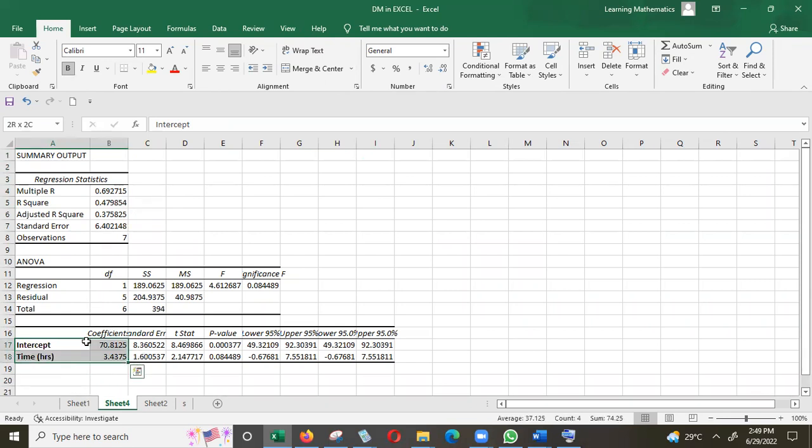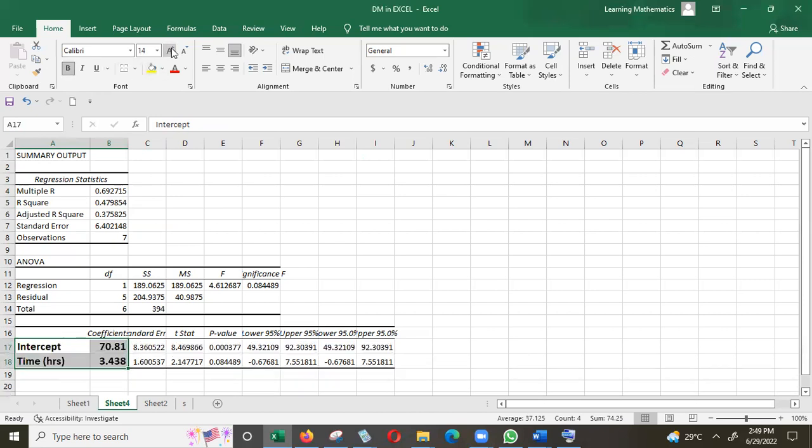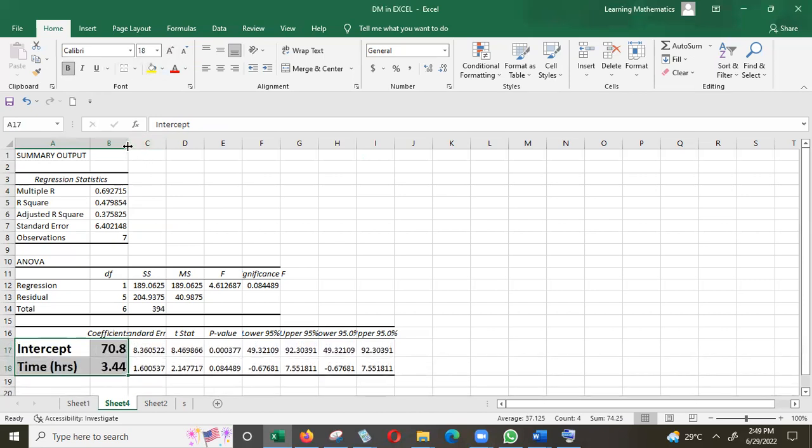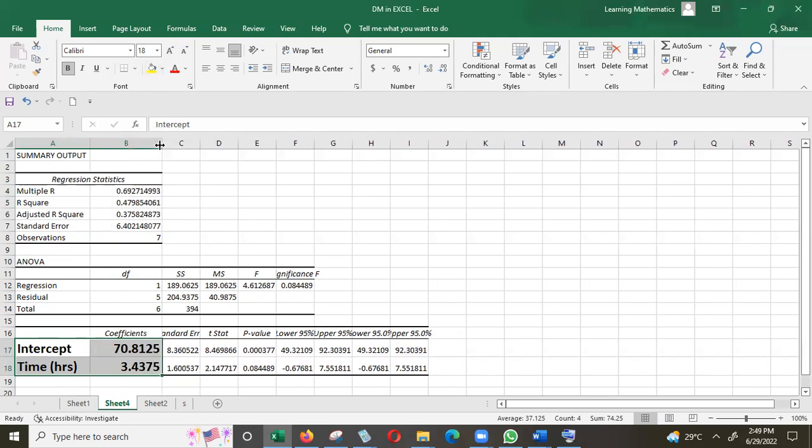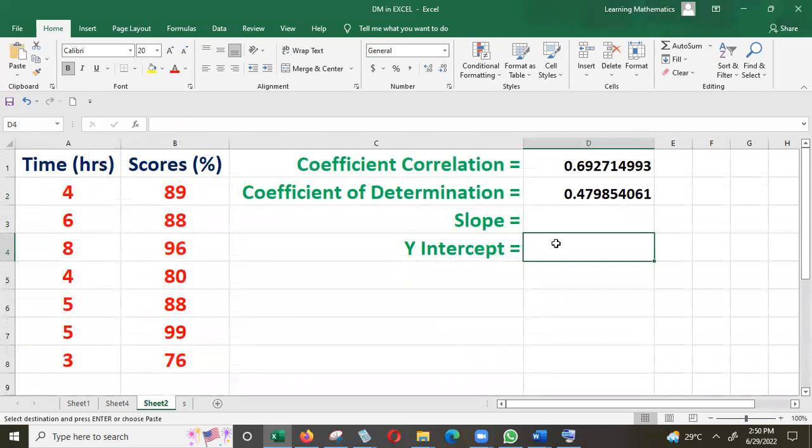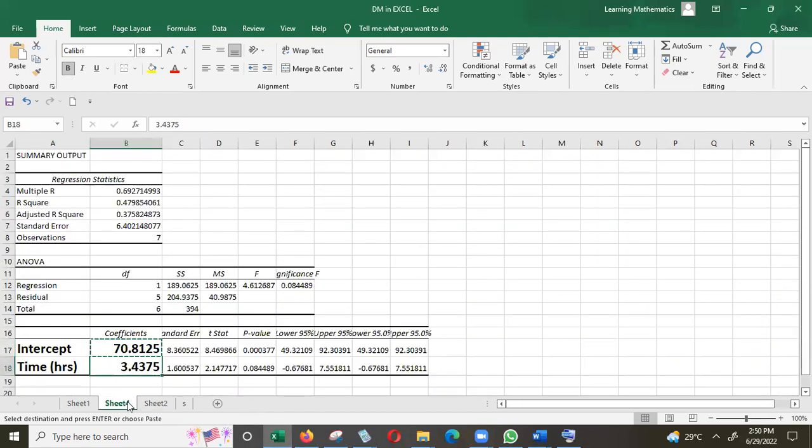And the slope, the coefficient for time, is 3.43, or 3.44. Excel is giving it to us right here. So the y-intercept is 70.8, and the slope is 3.4375.